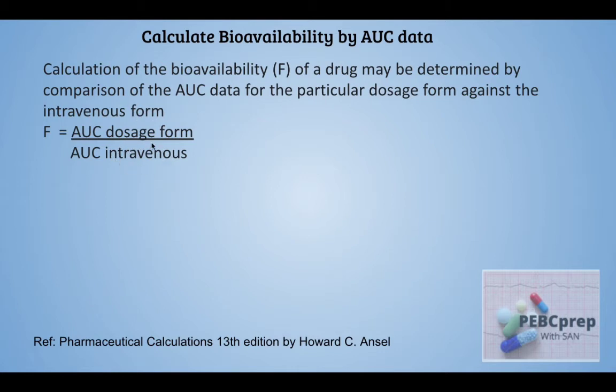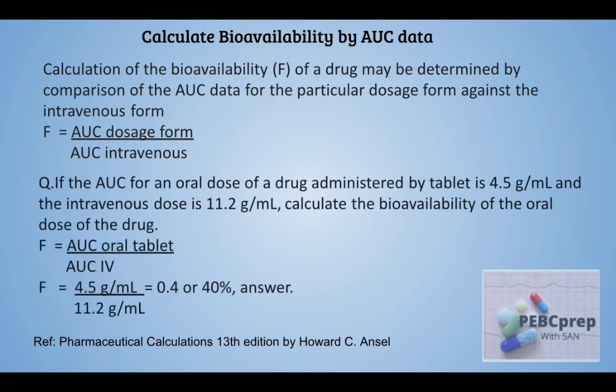Because if you remember, the F for intravenous is 1. That's the maximum. So the formula for bioavailability with the help of area under curve data is the area under curve of the dosage form, whatever dosage form we are taking, divided by the area under curve of intravenous.